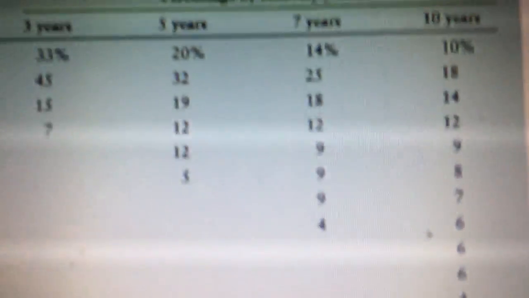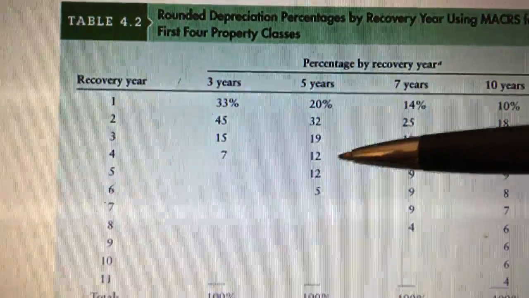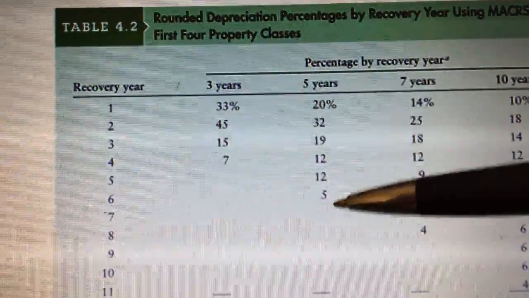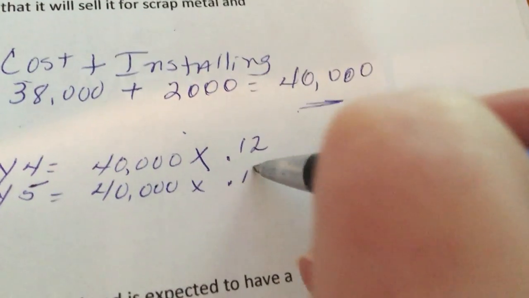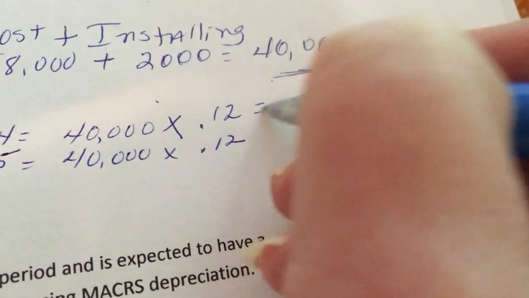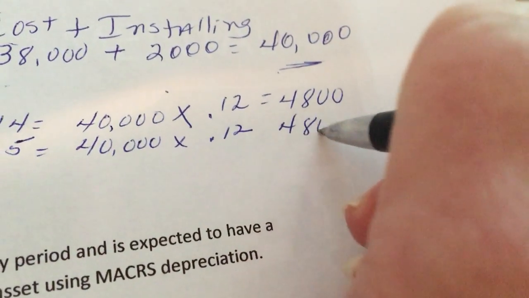You'll multiply that, in this case, times 12 and 12. So this is the year 4, year 5 amount, and the last one's 5%. So 40,000 times 0.12, 0.12, that's 4,800 for those 2 years.